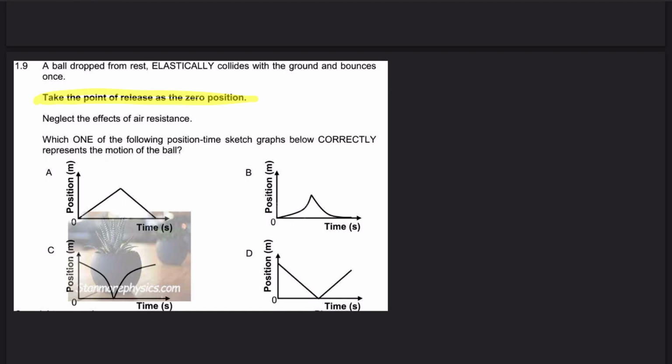Okay. So immediately, we need to cancel A and D. Because remember, for vertical projectile motion, acceleration is going to be in play. Acceleration is going to be 9.8, right? And what is acceleration? Acceleration is the rate of change in velocity, right?